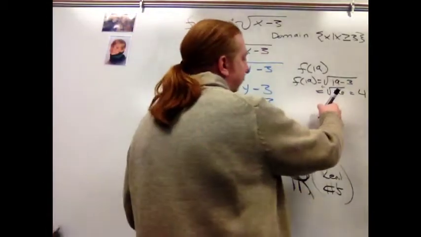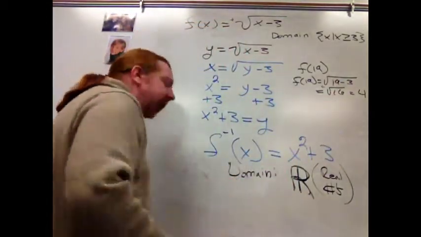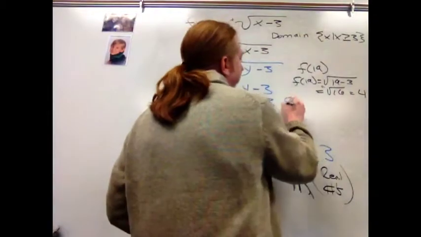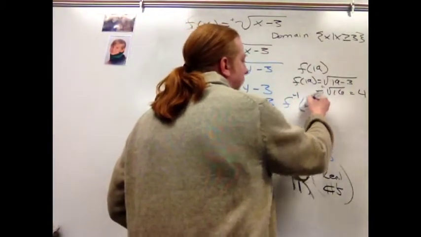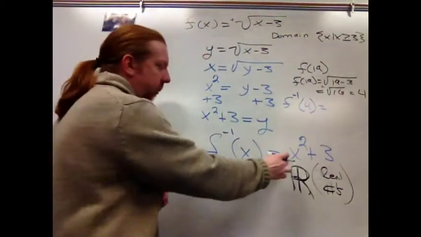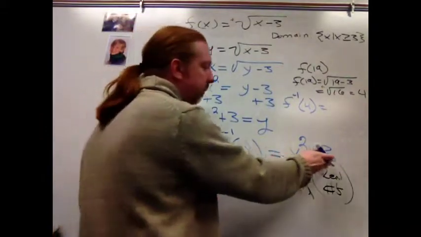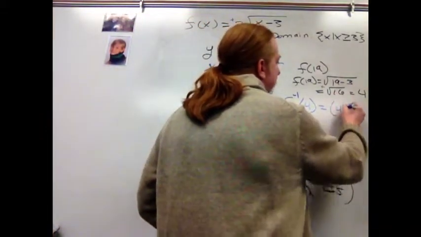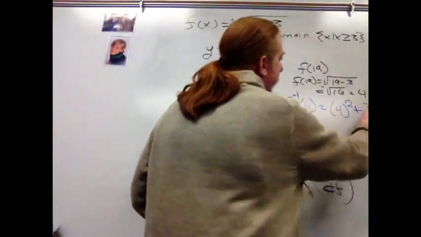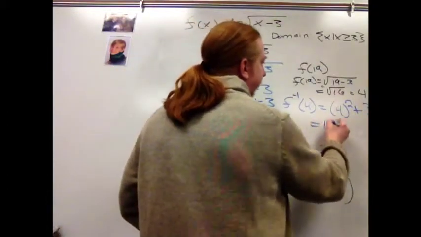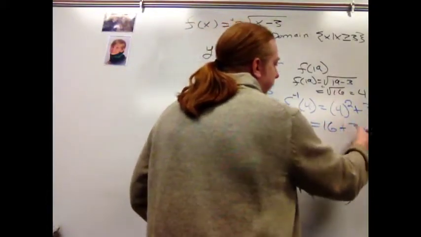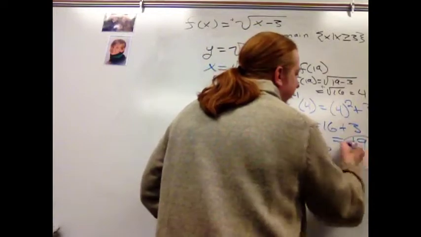So let's go ahead and see what happens when I do the inverse of this. f inverse of 4 is going to be 4 squared plus 3, which is going to be 16 plus 3, which is 19.